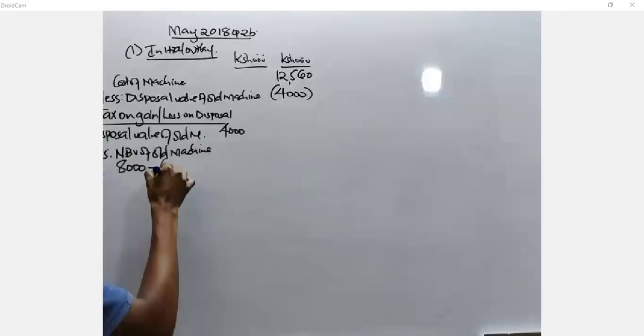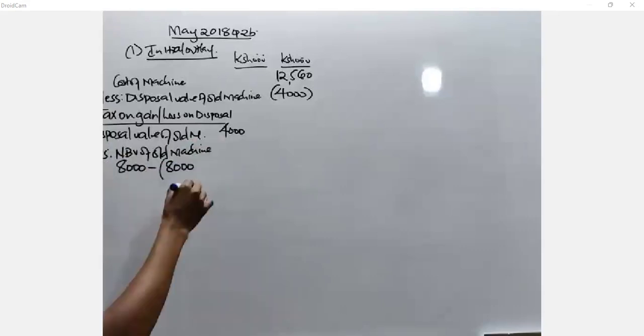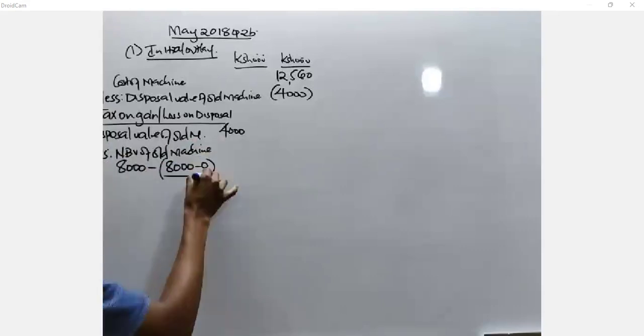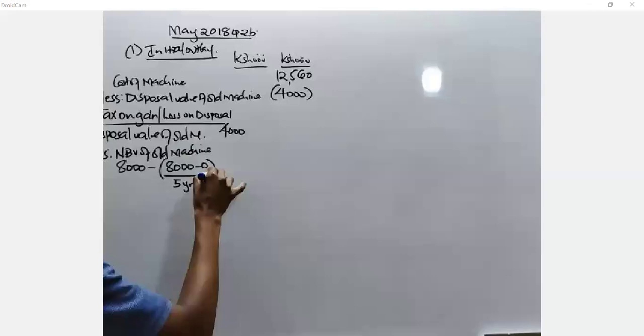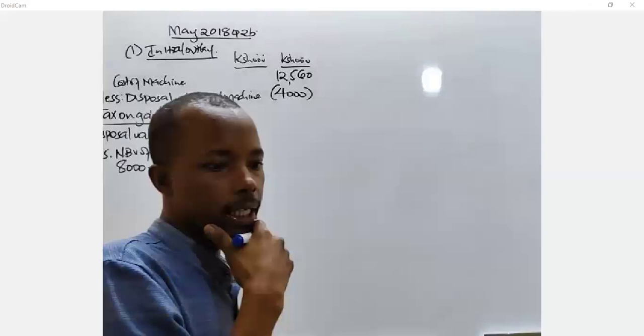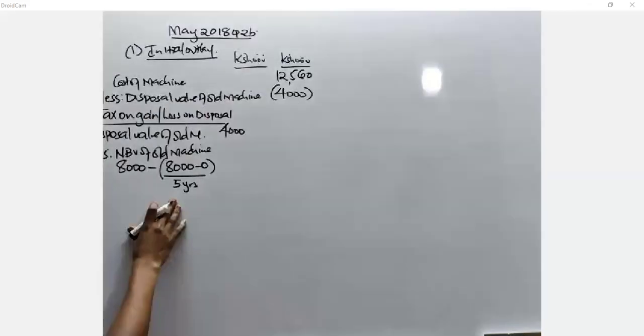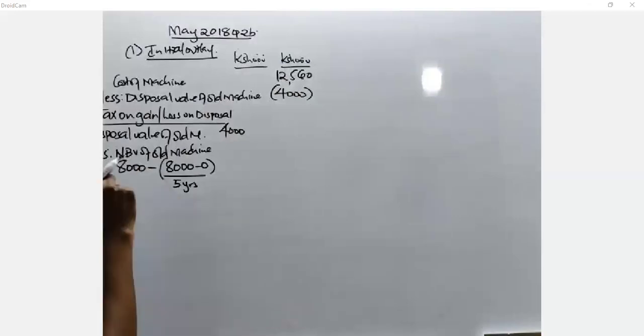Let us calculate the depreciation. It is 8,000 minus scrap. This machine does not have a scrap value, but it is staying for 5 years. We have been told the existing machine was estimated to have a useful life of 5 years with no salvage, which is why I am putting 0 here. When you divide by 5 years, you get the depreciation per year.